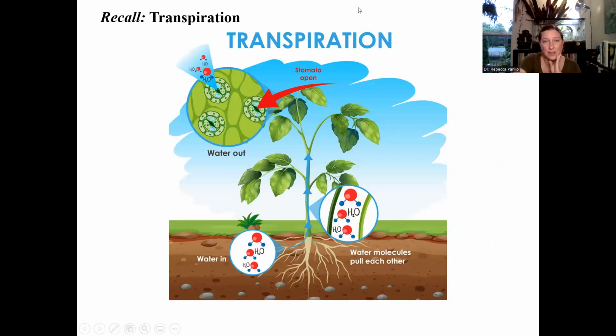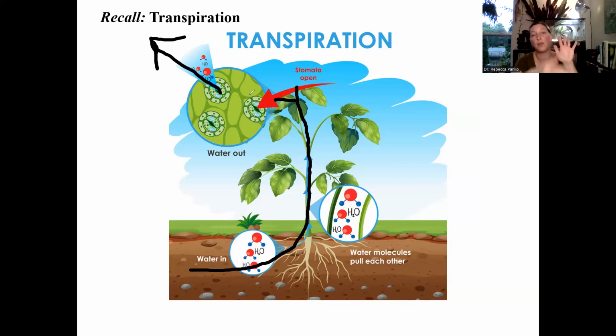Remember at the top of the class that I said, I'll use black, right? Water goes into the roots, moves up the vascular system of the stem, water enters the leaves, and then eventually water will be used in photosynthesis, but it will also be released out of these holes on the bottom of the leaf.